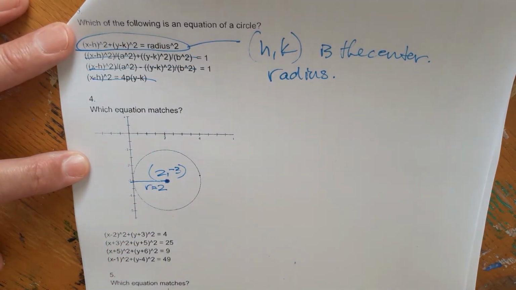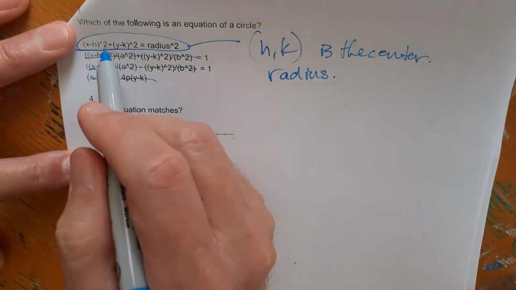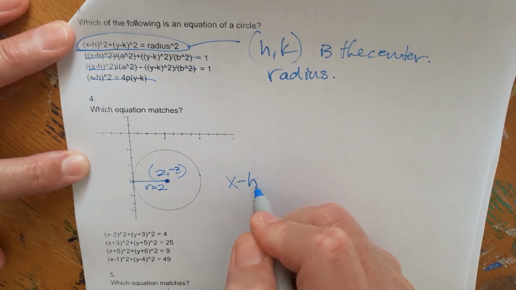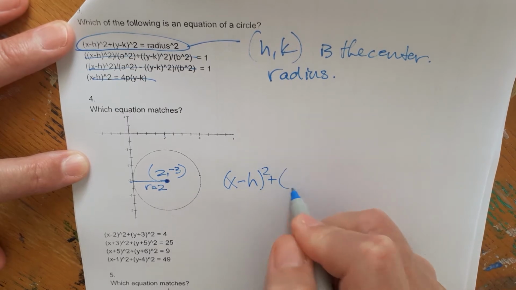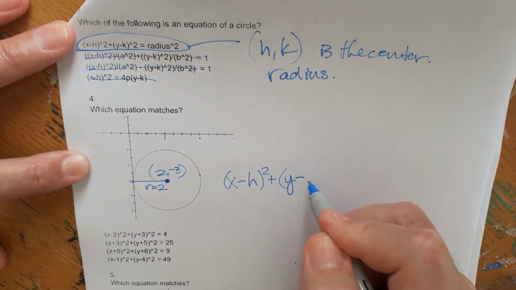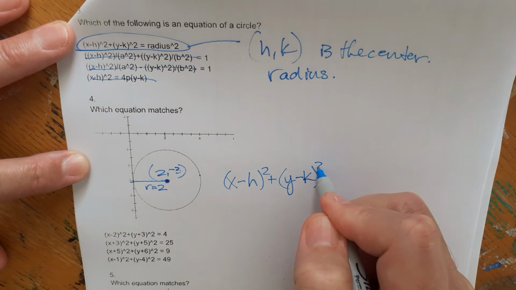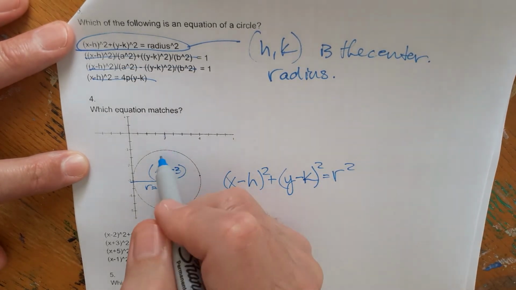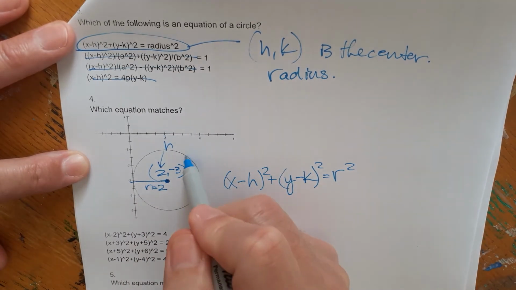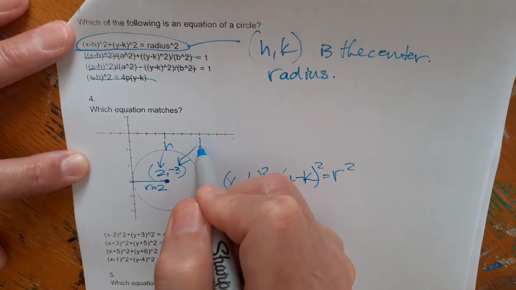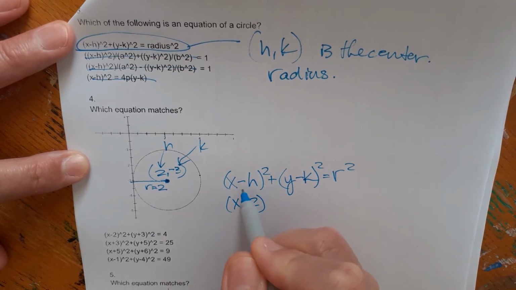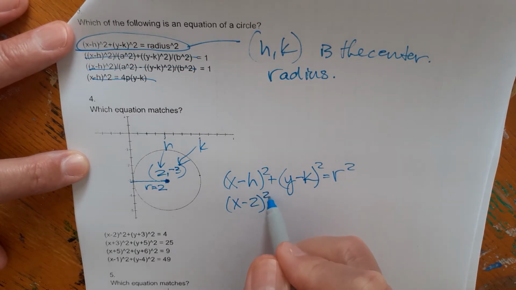We don't have any units, but we can now use this equation of a circle, (x − h)² + (y − k)² = r². And we can plug this in. So if this is h and this is k, we're going to put in a 2 here, so x minus 2. Notice the minus is part of the formula.